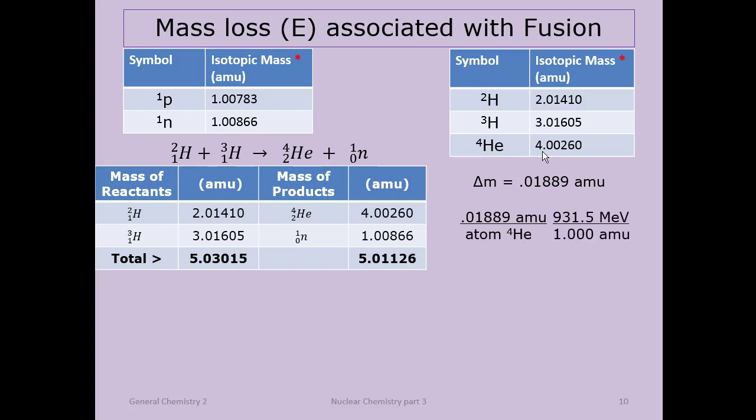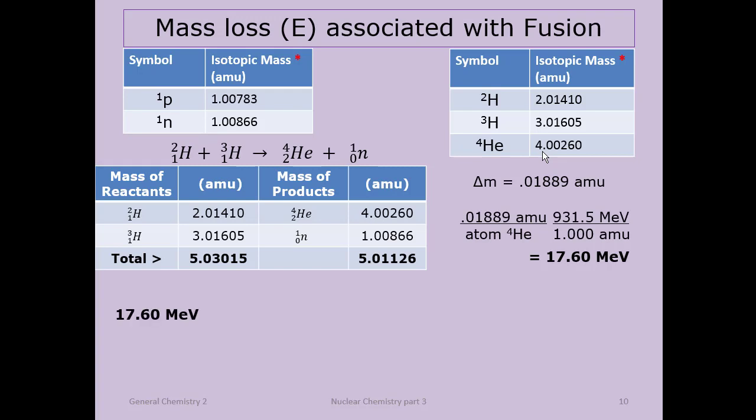If you do your conversion, going back to that 931.5 mega electron volts per AMU, you end up with about 17.6 mega electron volts for every atom of helium-4 that's formed in a fusion reaction.